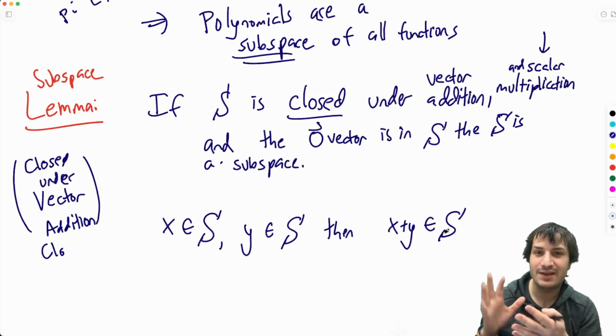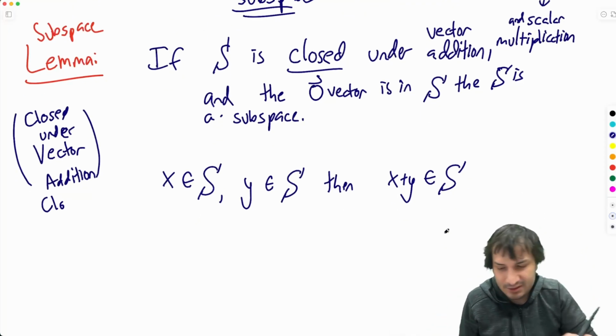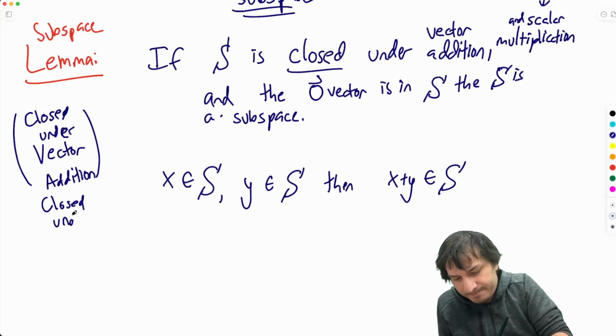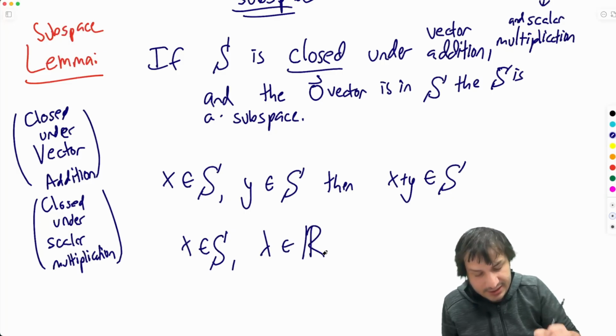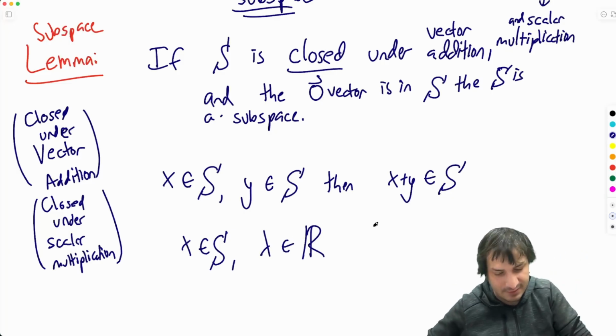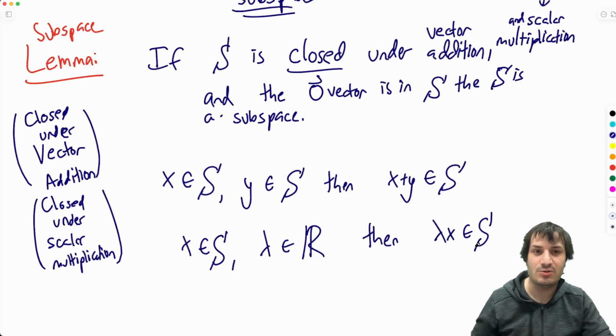When you do addition, if the two things you started with were in S, the thing you end up with is also in S. And it's the same thing with closed under scalar multiplication. If x is in S and lambda is any scalar, I'll just say it's in R, in general it would be in F, then lambda x is also in S. So you cannot escape the space S by addition or scalar multiplication.